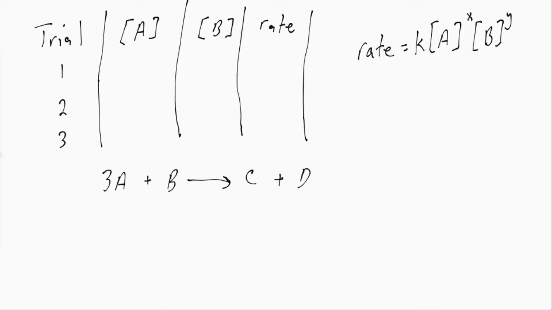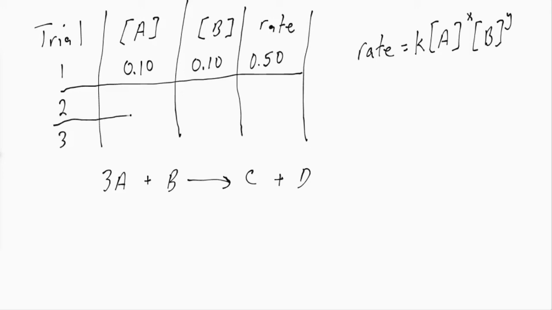So we do an experiment, and in trial 1, we're going to say, let's just set this as 0.1 moles per cubic decimeter, and here we'll say 0.10 moles per cubic decimeter, and let's just say our rate per hour is 0.50.